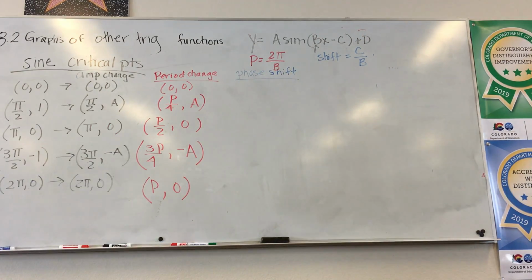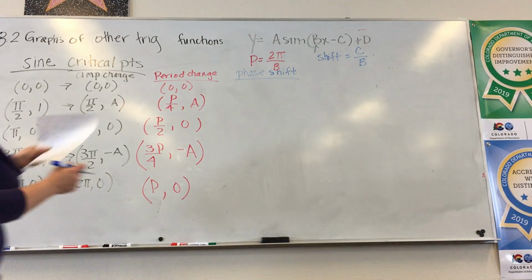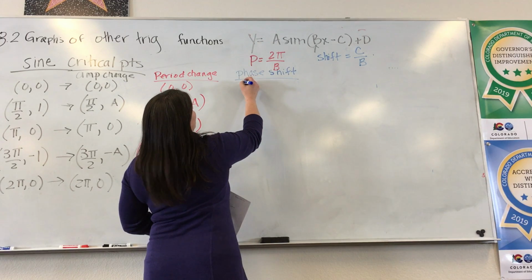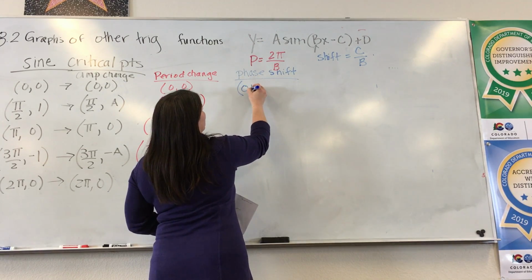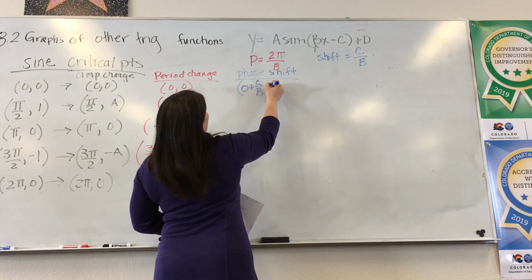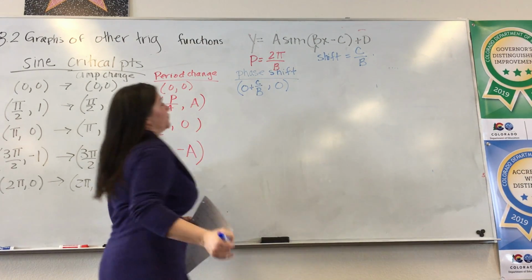Is a phase shift going to affect your X value or your Y value? X. So, instead of being at 0, 0, you're going to be at 0 plus your phase shift, right? And that's going to be your new 0.